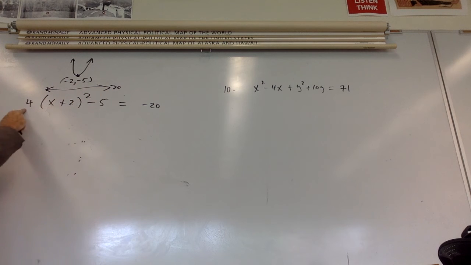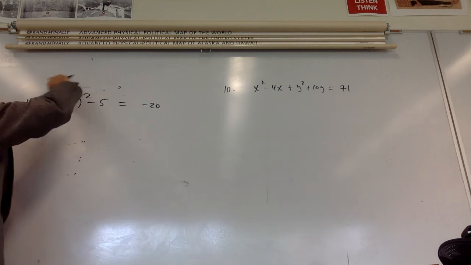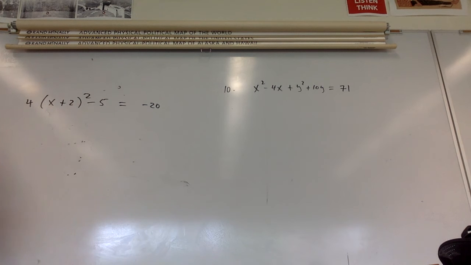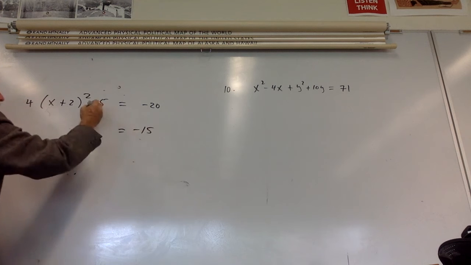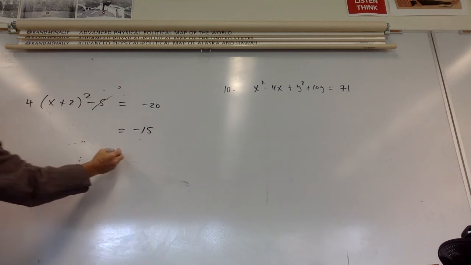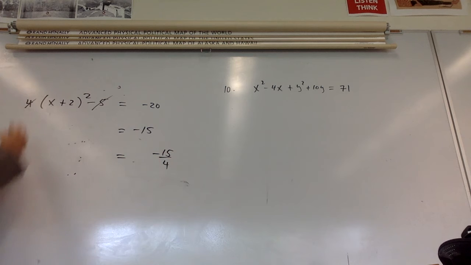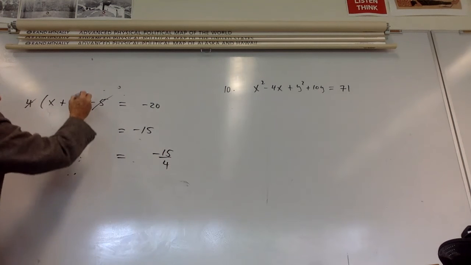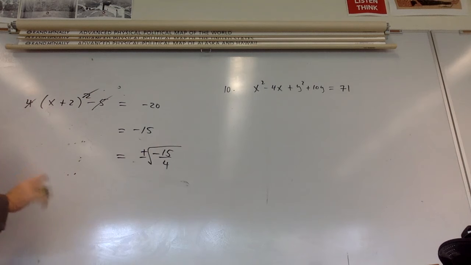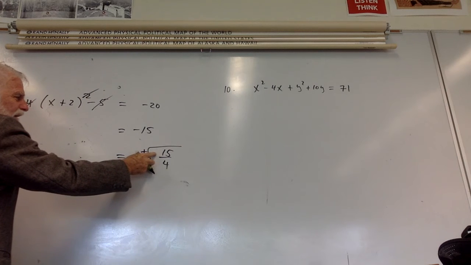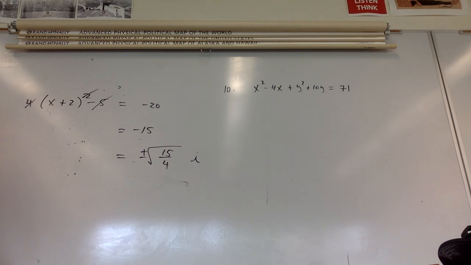I know I got to do a little division by 4. Let's see all those inverse operations materialize, and let's answer with an imaginary. So I'm going to add 5, negative 15. I'm going to divide by 4, negative 15 over 4. I'm going to do plus minus square root to get rid of the squaring. When you see this situation, we take the negative symbol out and we simply say, hey, that's an imaginary number.